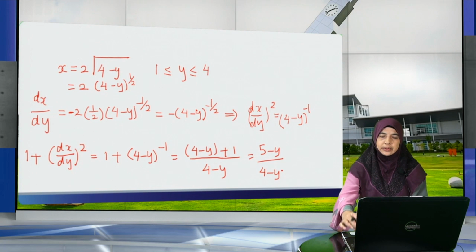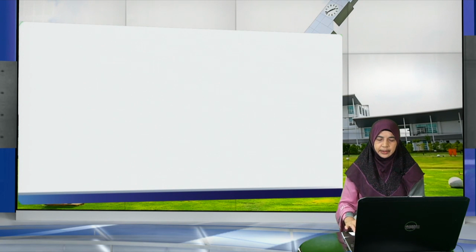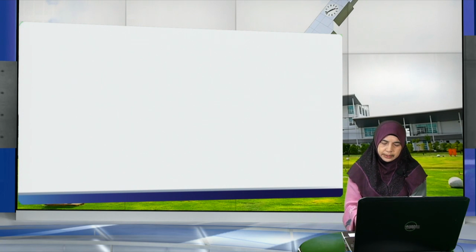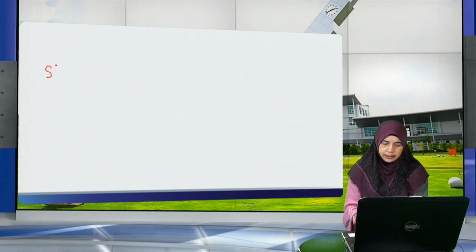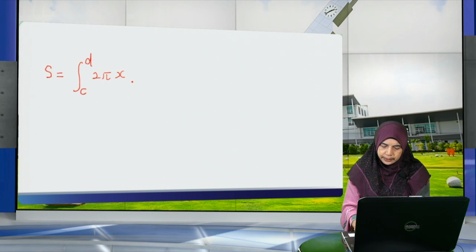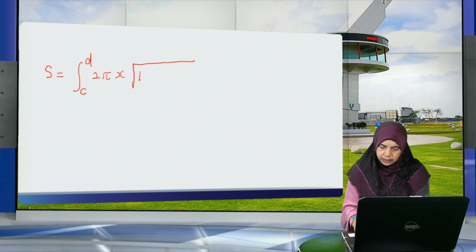Okay, let's use it to find the surface area. So now surface area S, remember the surface area formula? Surface area is equivalent to the integration from c to d of 2 pi, remember x is the radius, and this is the small s, square root of 1 plus (dx/dy) squared.